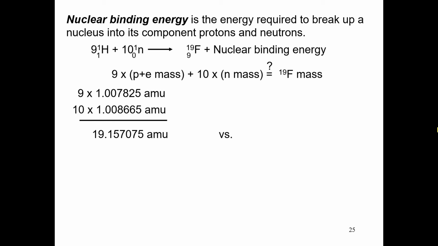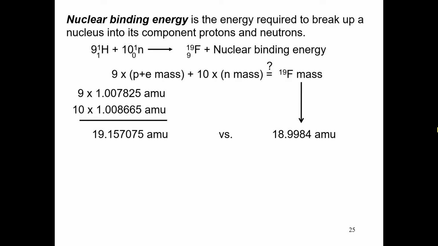Versus what is the actual measured atomic mass of an F19 atom? Well, according to the mass spectrometer data, it's 18.9984 AMUs. So we have a problem, right?